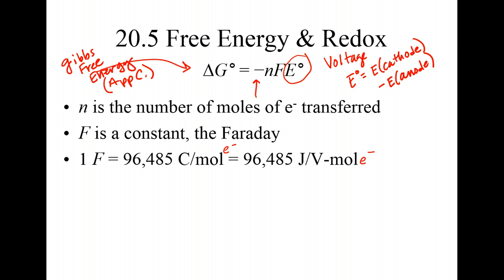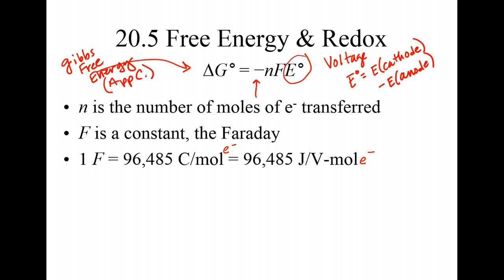And if you look on the right side of the equation, if we look at the sign on E cell, or the voltage, we know that that's a positive number if it's a spontaneous reaction. And we have to have these two situations on the same page, so to speak. We need them to be in agreement. And so if you have a spontaneous reaction, delta G is negative, E is positive, and so we need that negative sign in there to kind of clear all that up.